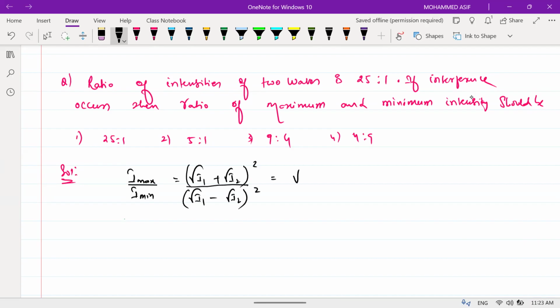Root of I1 is root of 25 times I naught, plus root of I naught, whole square, divided by root of 25 times I naught minus root of I naught, whole square. So it will be equal to how much? Can anyone tell me?